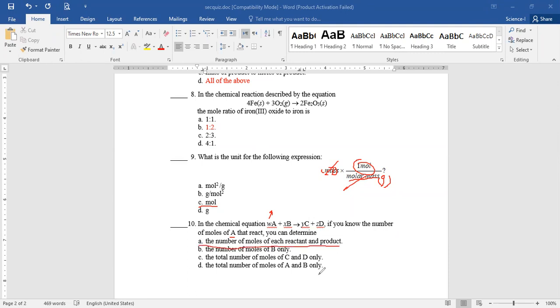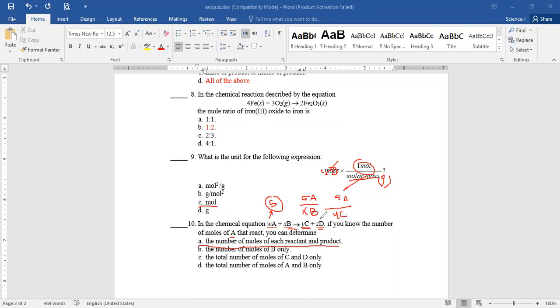So why A? Why can't we know the others? Anyone can explain this question? Or should I explain? Let's explain, guys. Imagine that the amount of A is, for example, 5. So I have 5 moles of A. Once I have 5 moles of A, I can figure out the amount of the other moles, because I can find the mole ratio. So the mole ratio means 5A divided by xB. Also, 5A divided by yC.